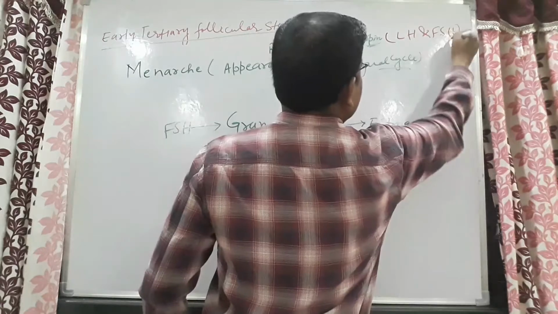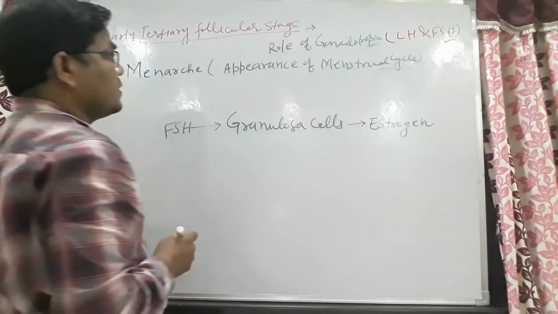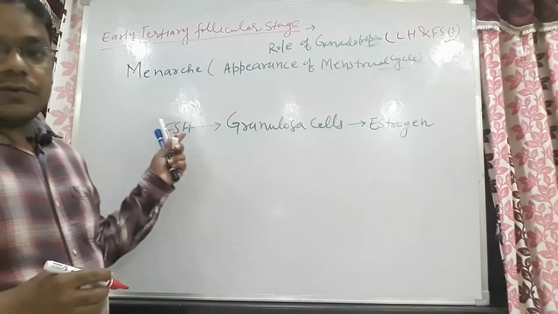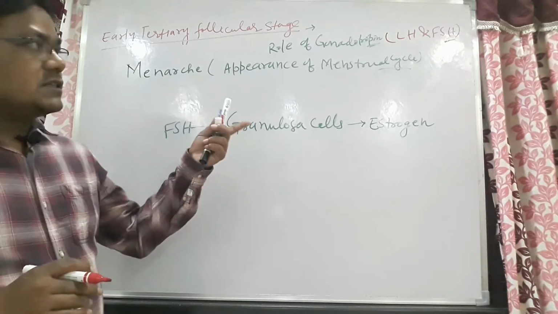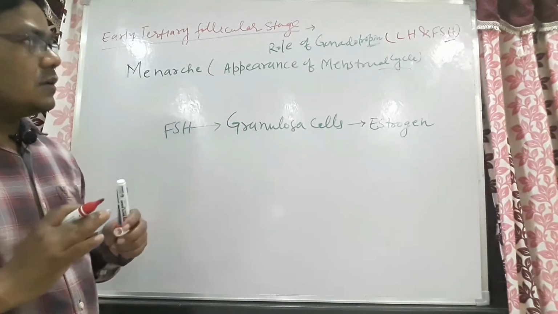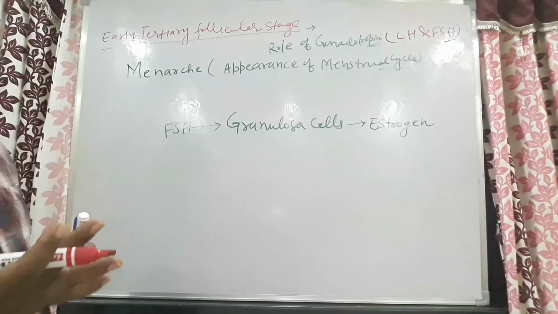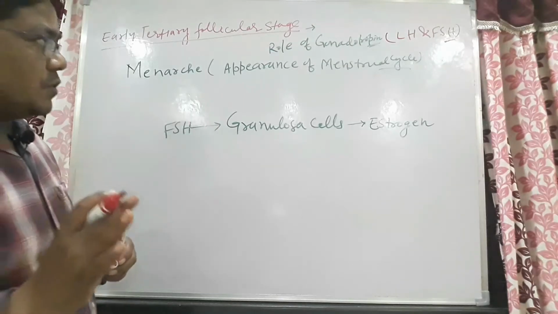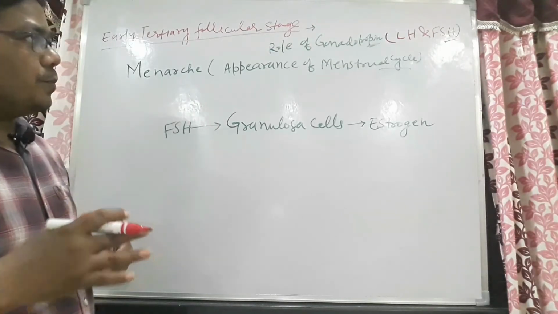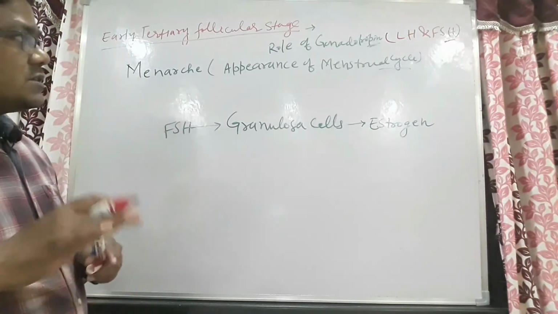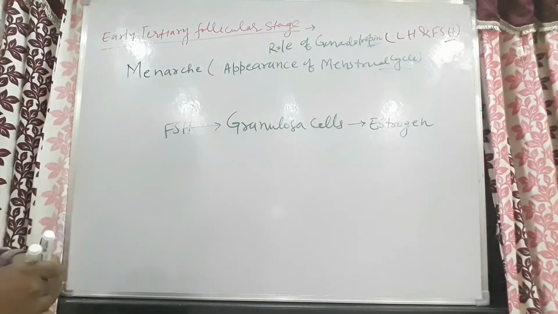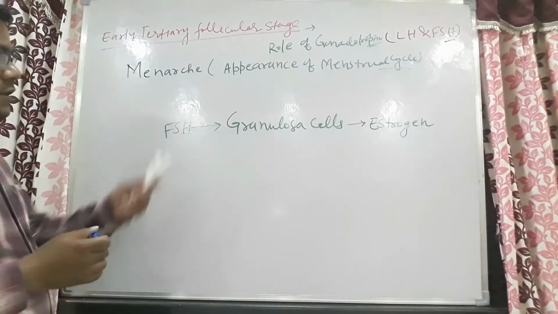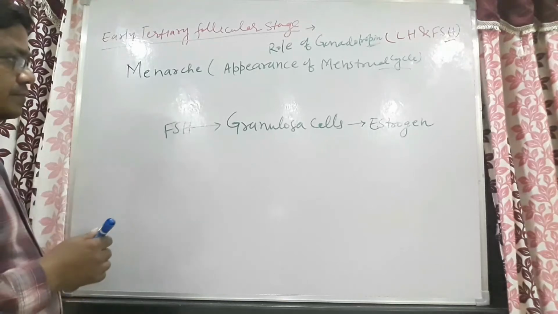In our previous follicular stage, these had a minimal role. LH and FSH were just required in less amount to promote the follicular stage into the next stage. But here there is the main role of these gonadotropins.